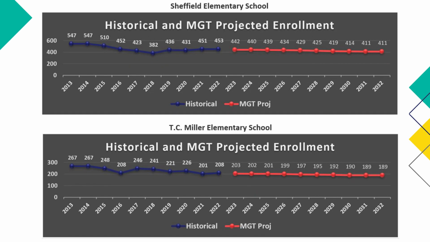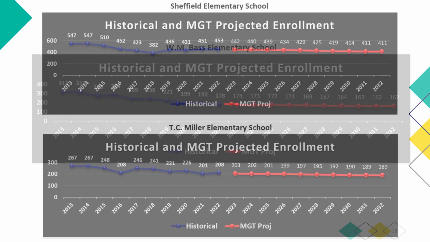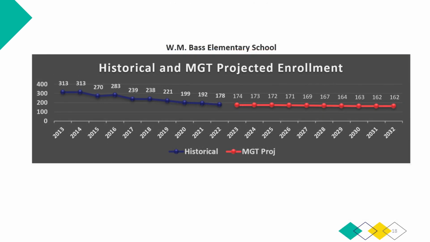Sheffield, similar story, 453 carrying forward. T.C. Miller, 208, current enrollment as of count day in September or October, when this information was shared with us. Then Bass Elementary, 178 today, had 313 back in 2013, and you can see where they're headed in terms of their numbers.